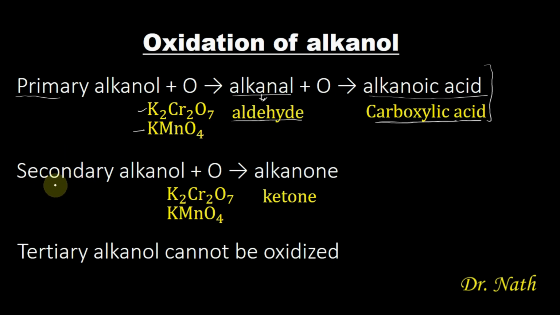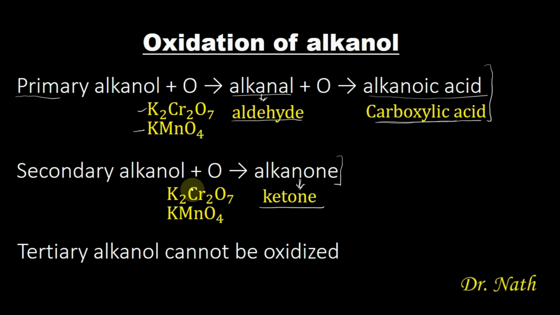So for the oxidation of secondary alkanol, that is when it reacts with oxygen supplied by these two oxidizing agents, an alkanone is formed, and alkanones are also called ketones.